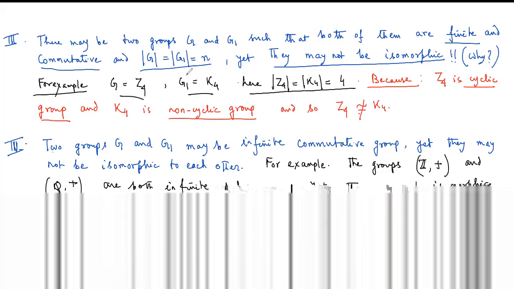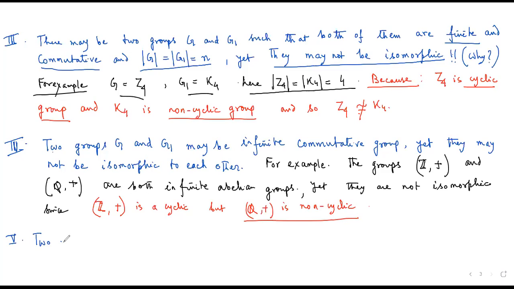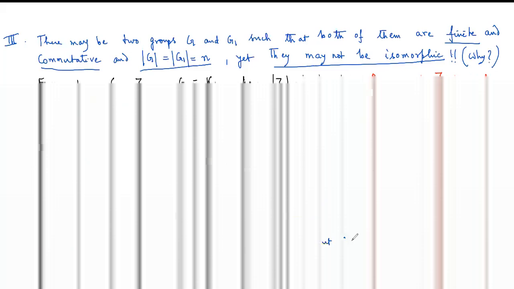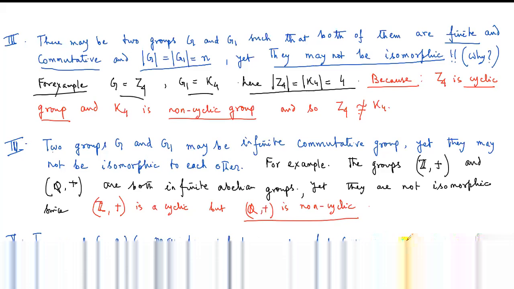Okay. Another example I'm considering here is this. Two groups, G and G1, may be infinite, non-cyclic, but commutative groups.